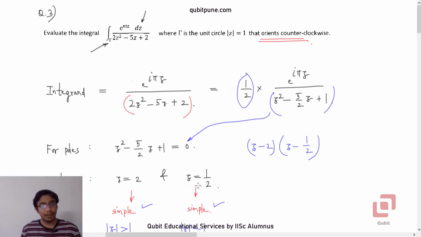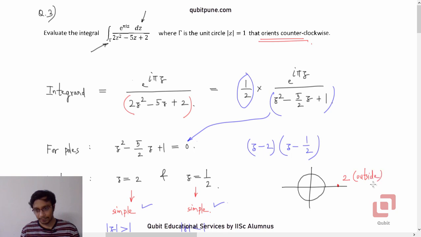Now let us determine the relative locations. This is our unit circle. Both the poles are real. z equal to 2 will be here, so outside, and z equal to 1 upon 2 will be here, so inside. Are we required to compute the residue at 2? No, not required for this.